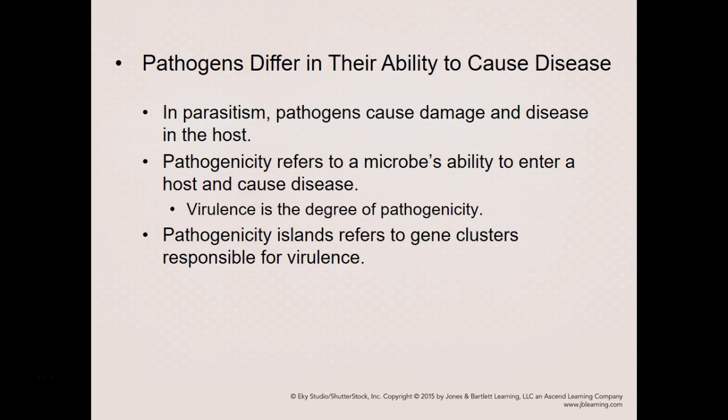Pathogenicity refers to the ability of a microbe to cause a disease in a host. Pathogenicity is directly correlated with virulence. So if we increase the virulence of an organism, then we increase its pathogenicity.